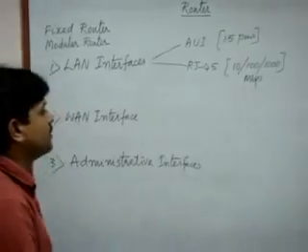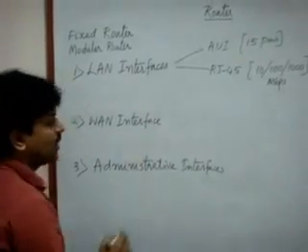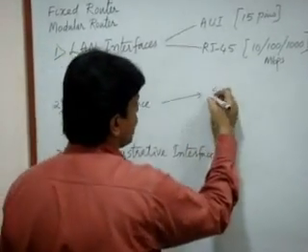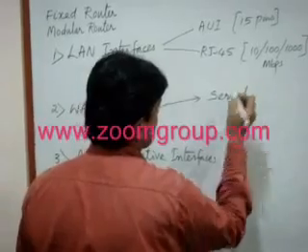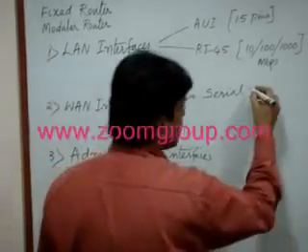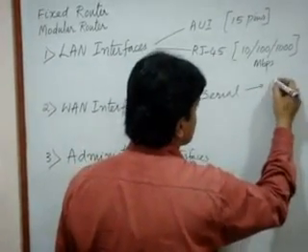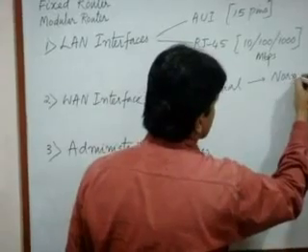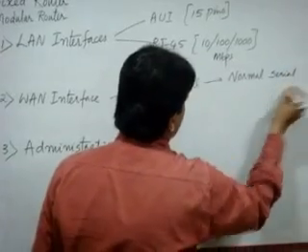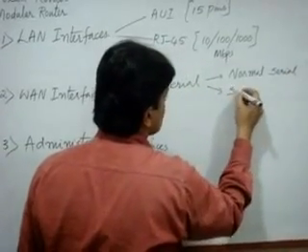Next we have WAN interfaces. What interfaces are there first of all? We have the serial interface, which is for WAN connectivity. In serial, again there are two types. The first is the normal serial, and the second is the smart serial.